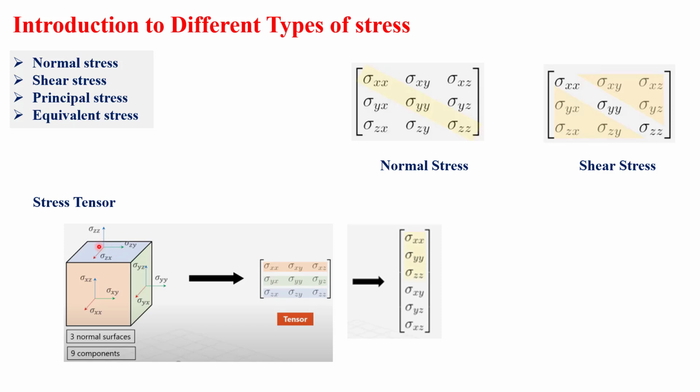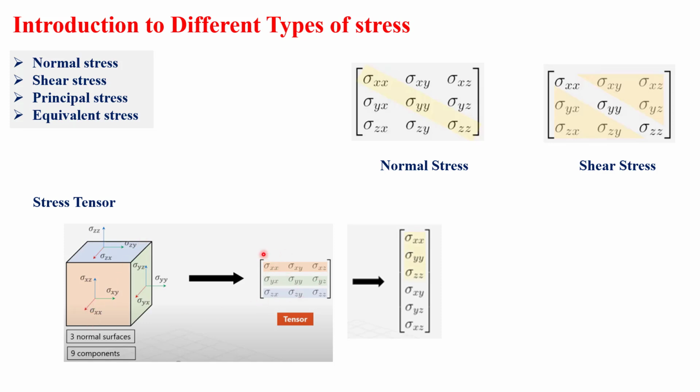If you consider a particular plane, let's say we consider the x-plane, we have sigma xx, sigma xy, sigma xz. We have these three normals, and it is for all the directions. So 3 normal surfaces and 9 components we have here. This remains the same on that side as well.